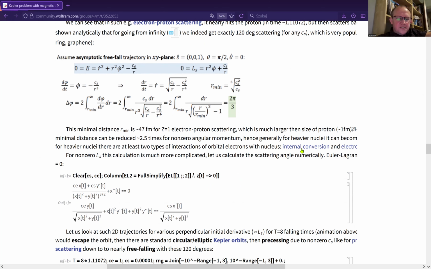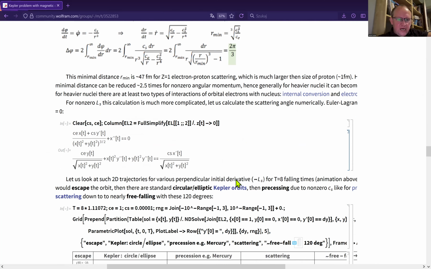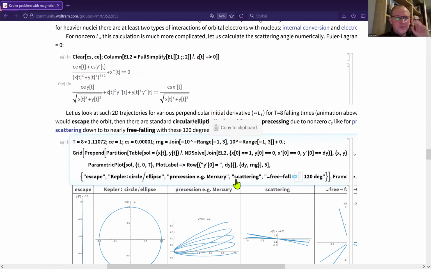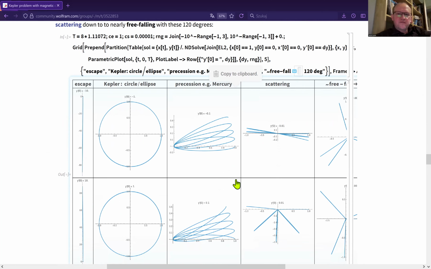Okay, so if we substitute z equals zero, so that we stay in this plane perpendicular to the spin, then the Euler-Lagrange evolution equations become much simpler. It's not so bad, and we can look at them numerically. So here are some solutions for different starting conditions.